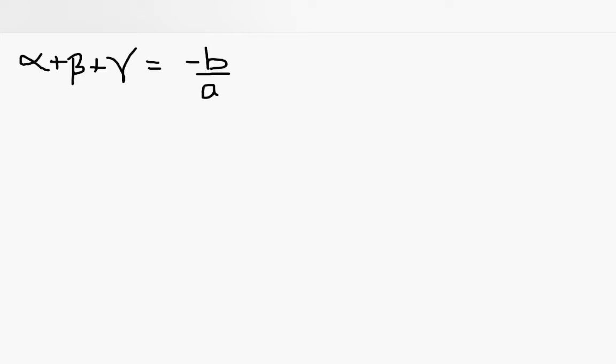And next, when we add the products of the zeros taken 2 at a time, which means alpha beta plus beta gamma plus alpha gamma, or gamma alpha, it's one and the same, this is equal to c upon a.